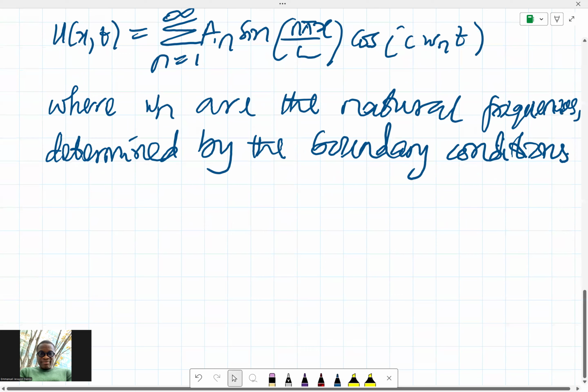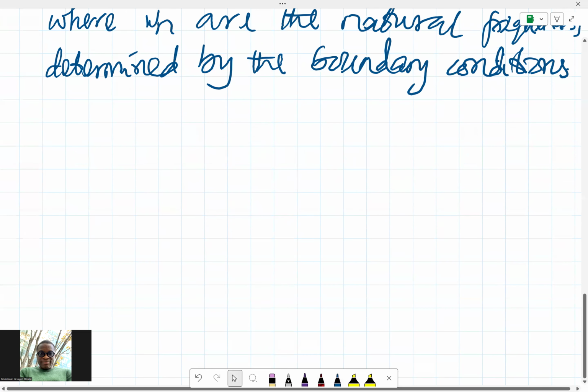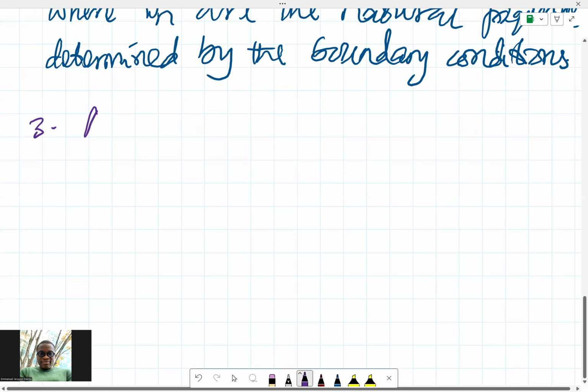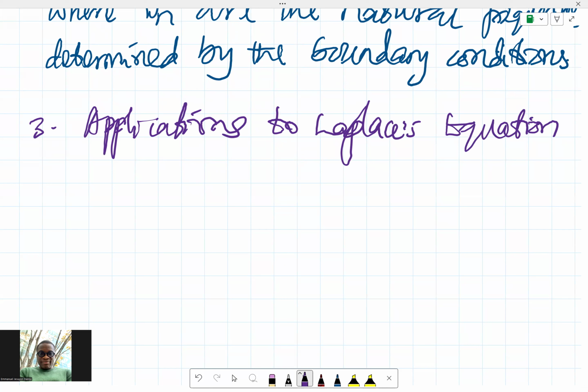The third application, as far as partial differential equations is concerned, is applications to Laplace's equation.